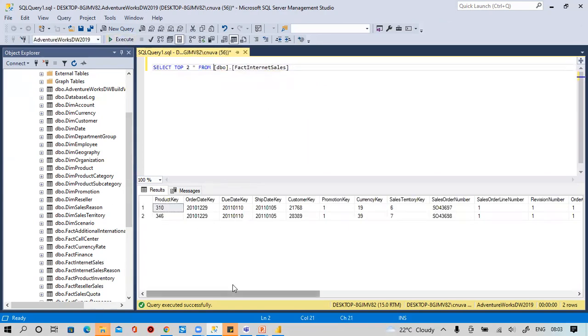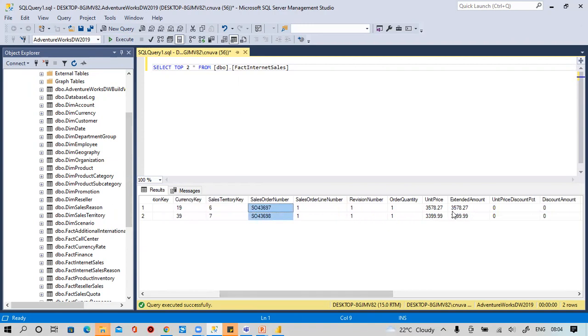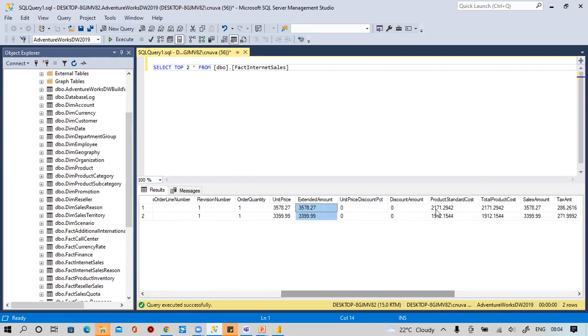Since we are doing some sales business here, we have a sales order number here. We have its amount also, sales amount and its unit price, and tax amount, something.